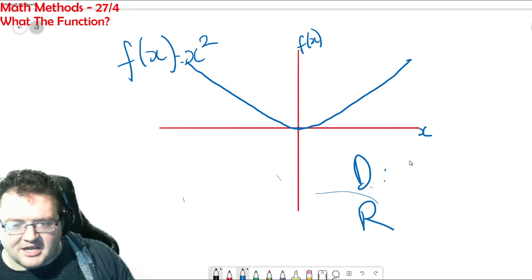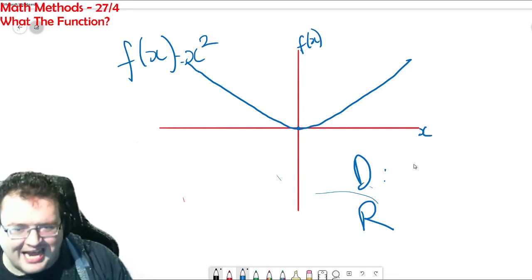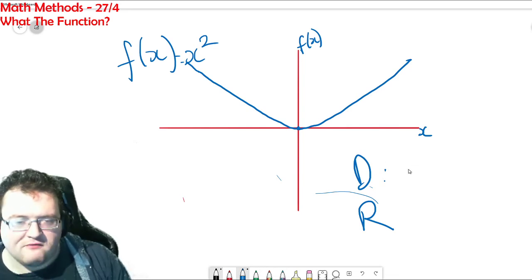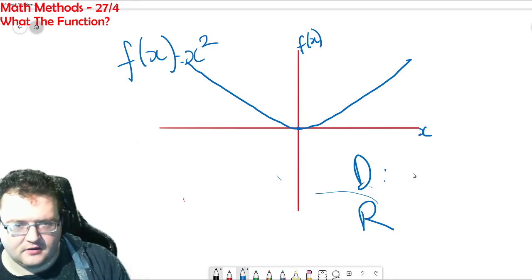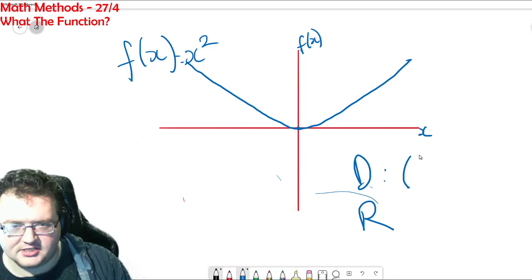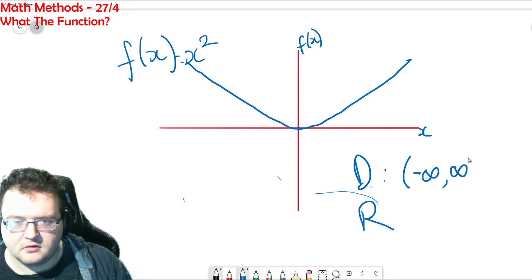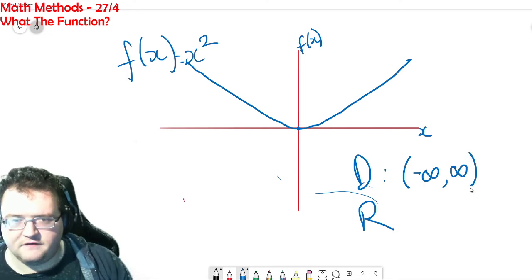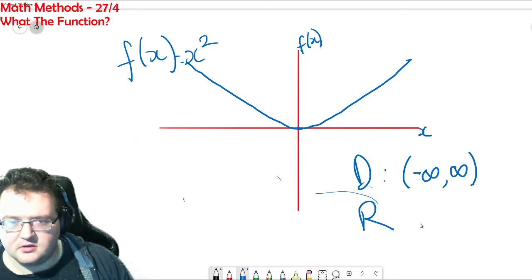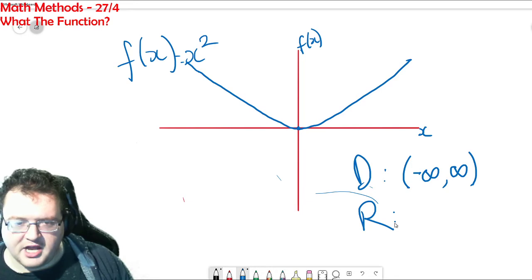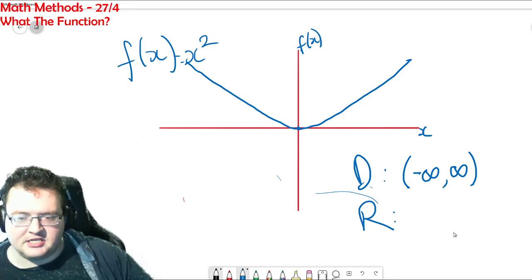So because infinity is not technically a number, when we represent infinity with function notation, we have to use curved brackets. All right? So it is negative infinity to positive infinity in curved brackets. The range, on the other hand, is slightly different.